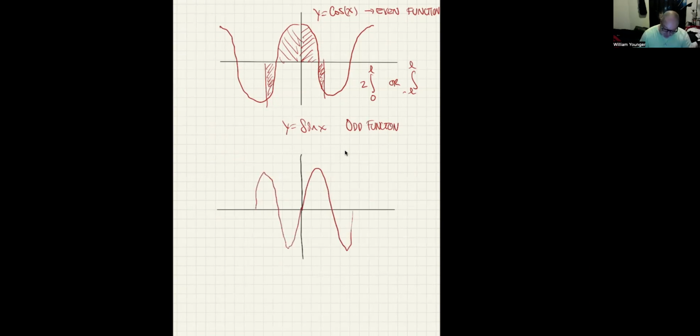Again, you can see in this case the area under here is positive. The area under here should be, if properly drawn, the exact same area, but negative. And if we went to symmetric ranges, then you'd see that these two would cancel out. So the integral from -L to L goes to 0 for this.